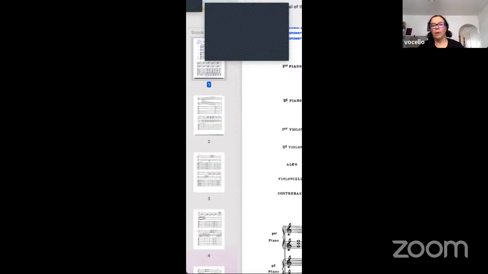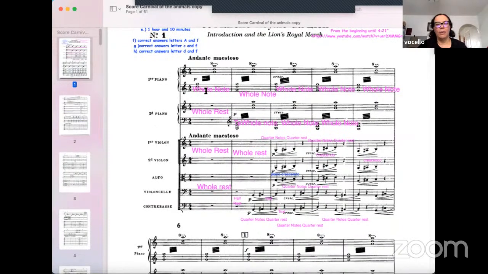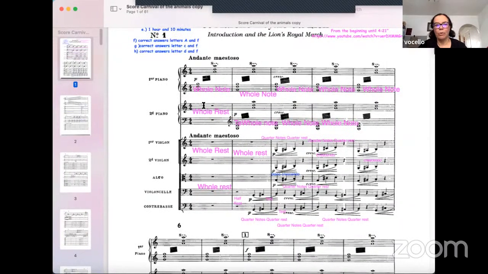Now we are going to work just the rhythm notes, not the pitch notes. So we're going to write the name of the rhythm note. So whole note, you write whole note, this is whole rest. Let me augment it here. Okay.